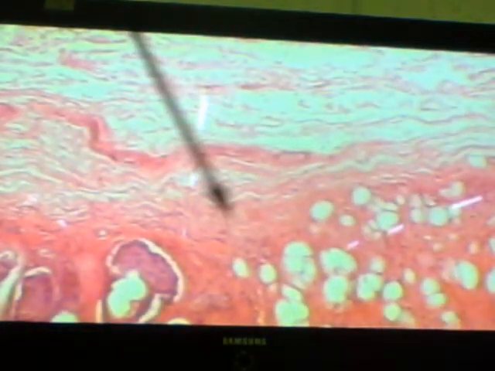Now, deepest within the lid is the tarsal plate. This dark, dense area that you're seeing inside here is the tarsal plate. It helps in giving the lid its contour, as well as its shape.